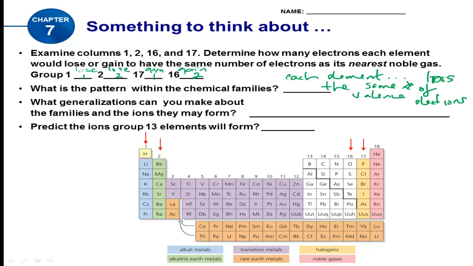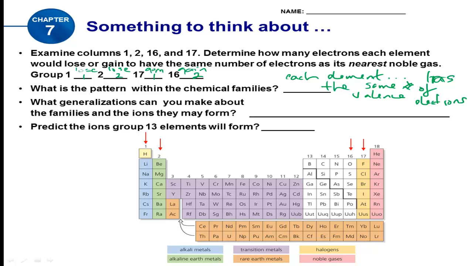So, fluorine, chlorine, bromine, all the halogens have 7 valence electrons. All of the elements in group 16 have 6 valence electrons. All of the alkaline earth metals have 2 valence electrons.